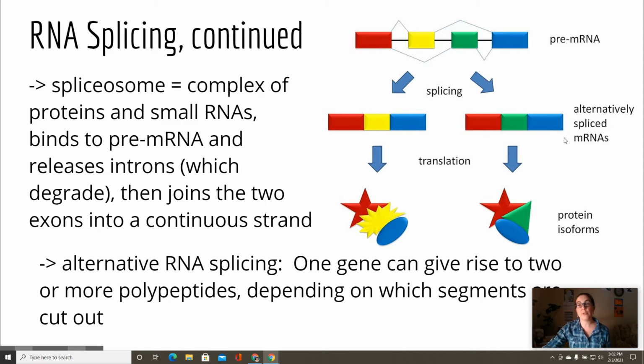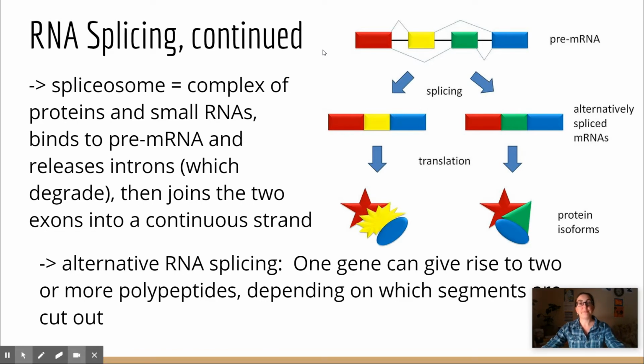They left the red, green, and blue exons, and you ended up with this protein. So we get two different proteins built from the same piece of genetic information. This is a way that we can use the same gene in multiple different ways to produce several different proteins. So it's a pretty cool process that allows our bodies to produce way more proteins than we have genes through this process of alternative RNA splicing.